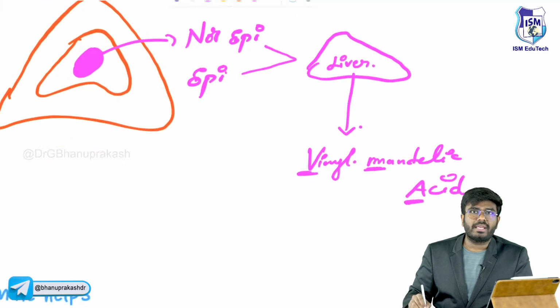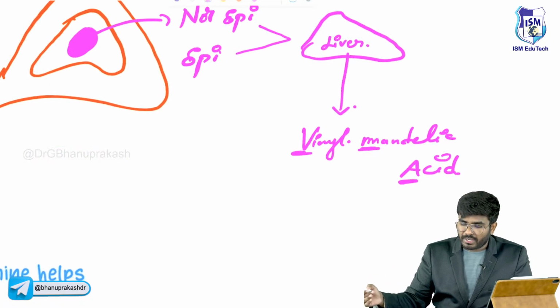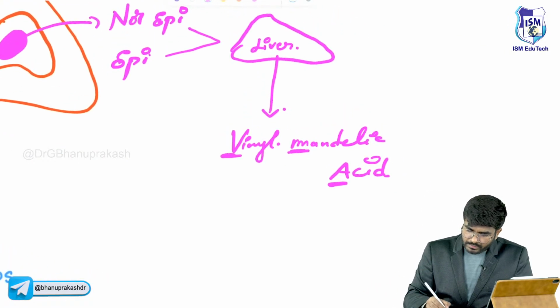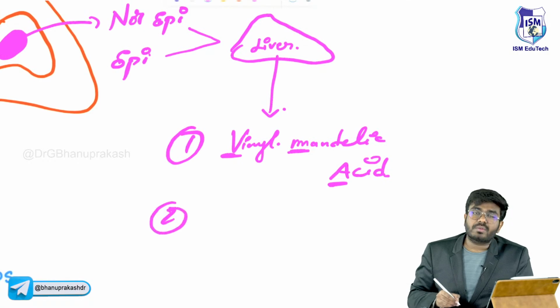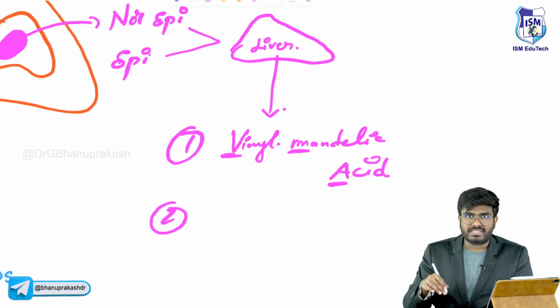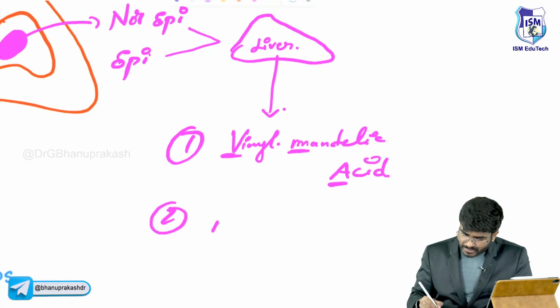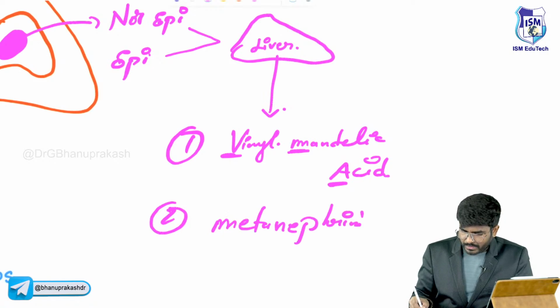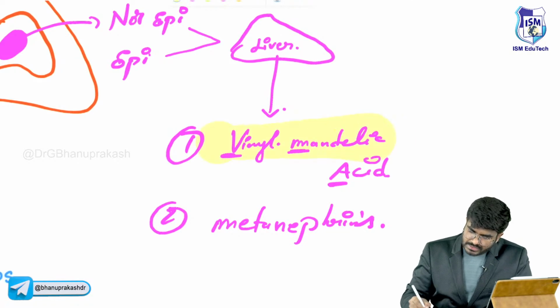Okay, I used to remember it like VMA. And the second degradation product of this catecholamine in the liver is called metanephrine. Okay, so metanephrines. So these are the degradation products.